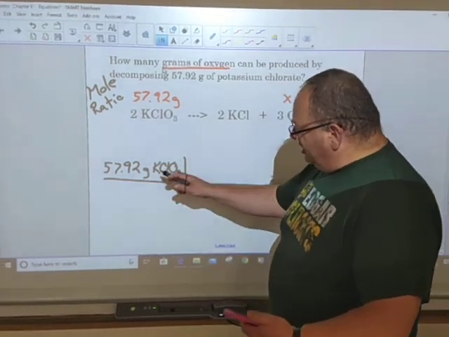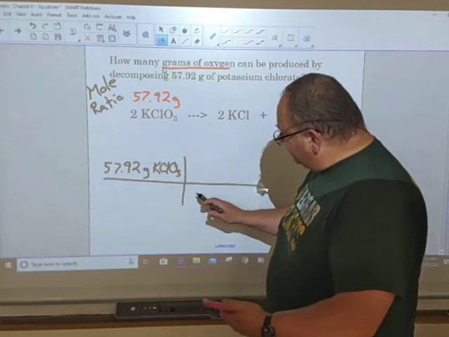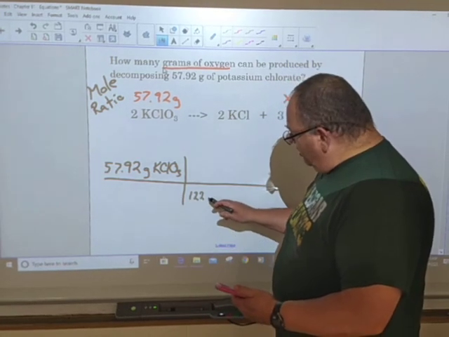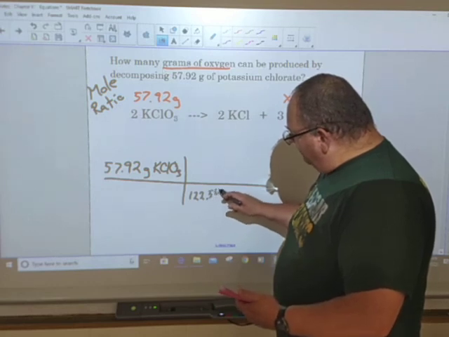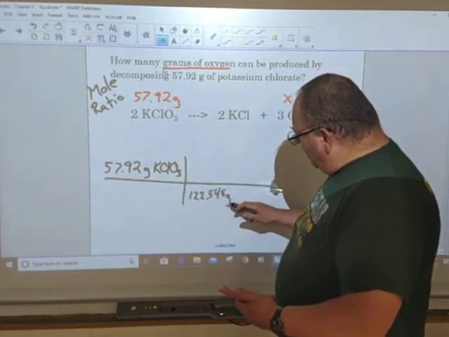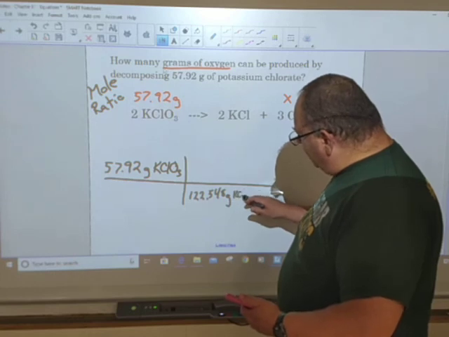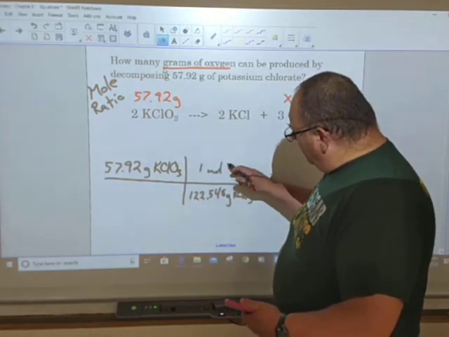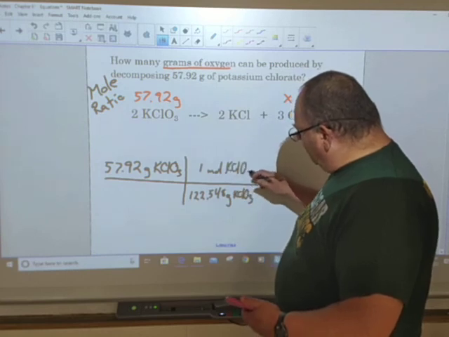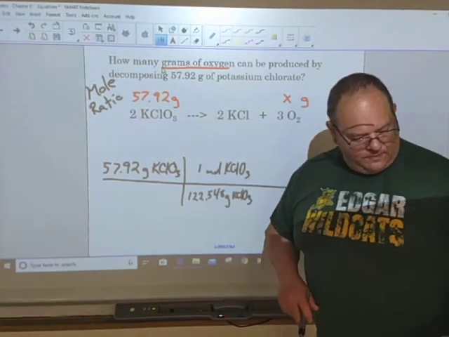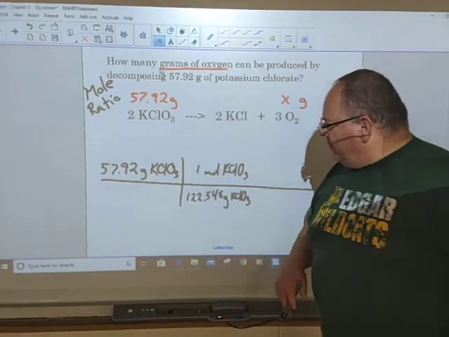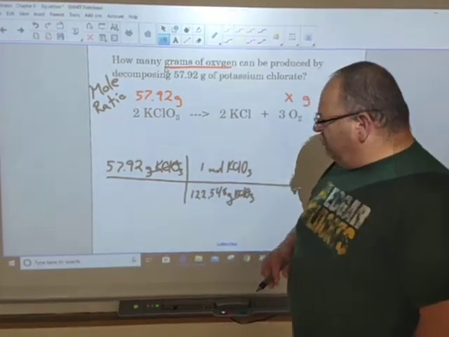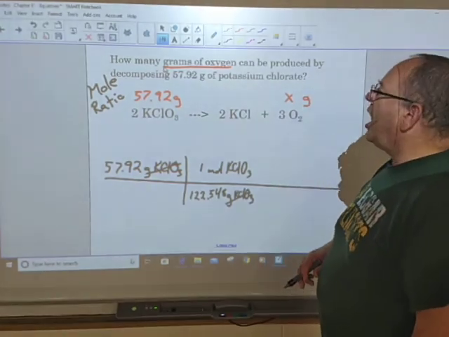Now, if you look at this, if I want grams to cross off, I got to write this on the bottom. 122.548 grams of KClO3 in every mole of KClO3. So if I do that much, grams would cross off, and I'm now on moles of potassium chlorate.